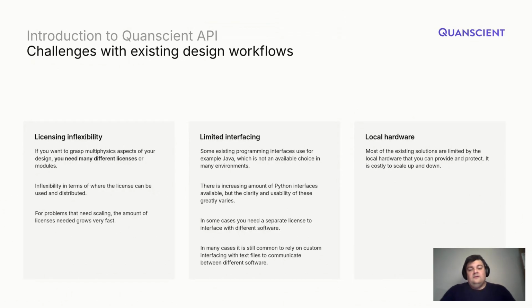And in many cases, you also need a separate license to actually have this connectivity between softwares. And thus, it is still very common to rely on more traditional ways where you, for example, use files to communicate between software or launch the different software via command line interfaces and such.